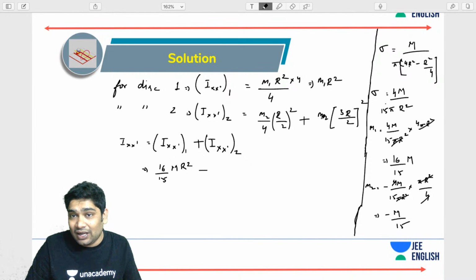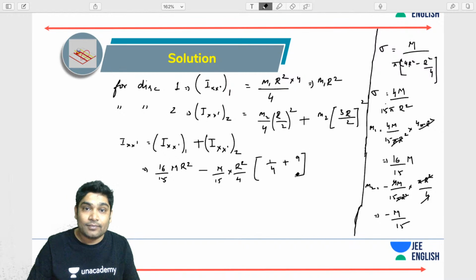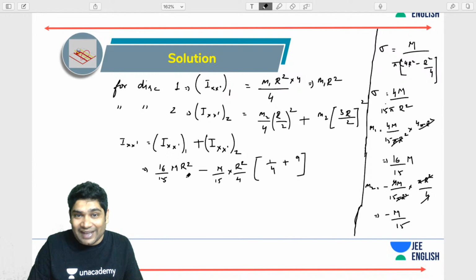Okay, minus m r square by 4 I will take common from here. If I take m r square by 4 common, so I have m into r square by 4 I have taken common. So inside I'll be left with 1 by 4 here, and plus I will have 9 here. Okay, and now we can take m r square by 15 common from the entire thing.